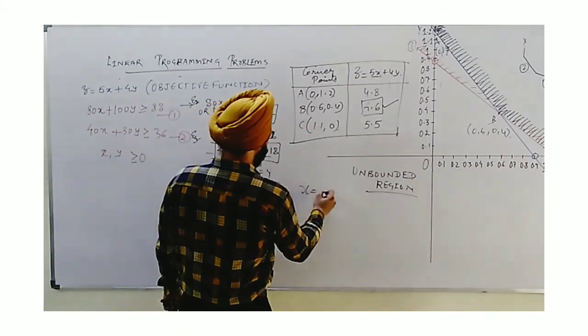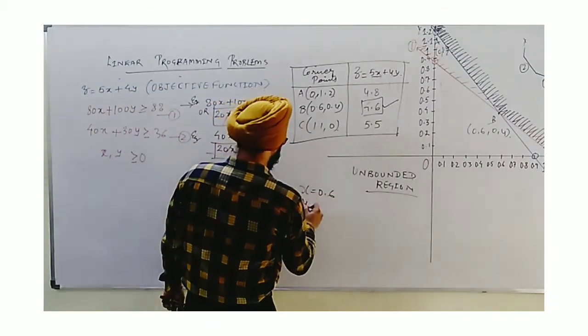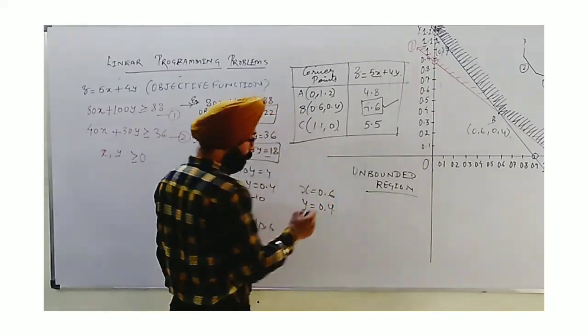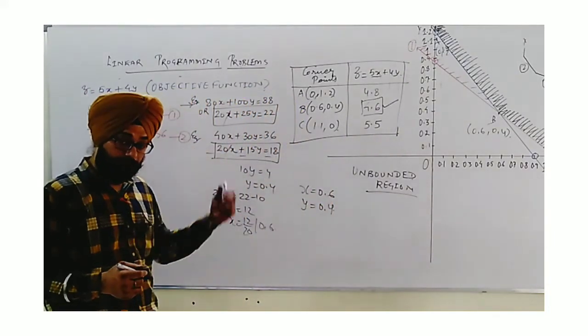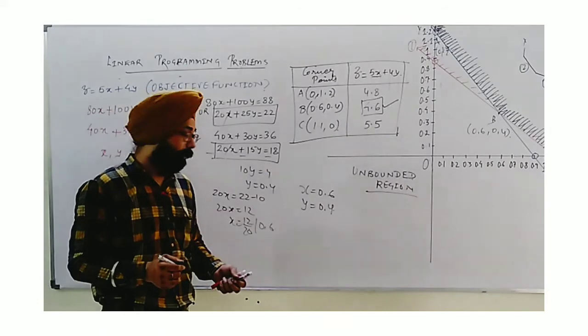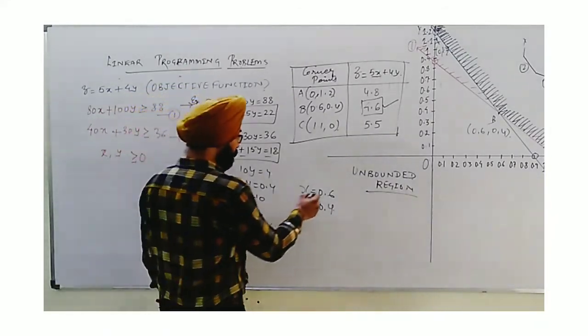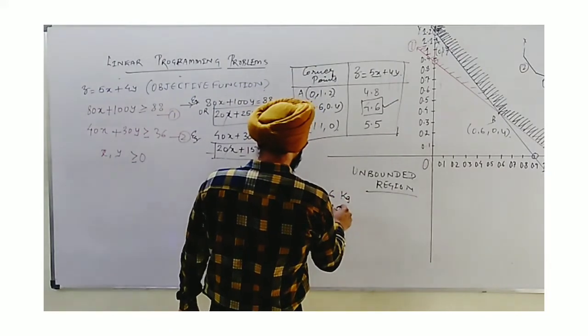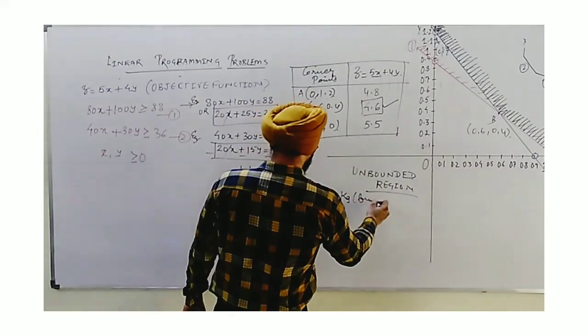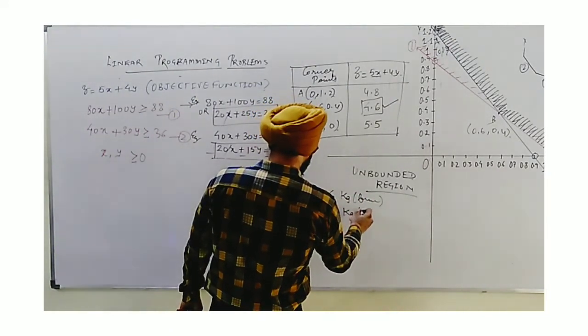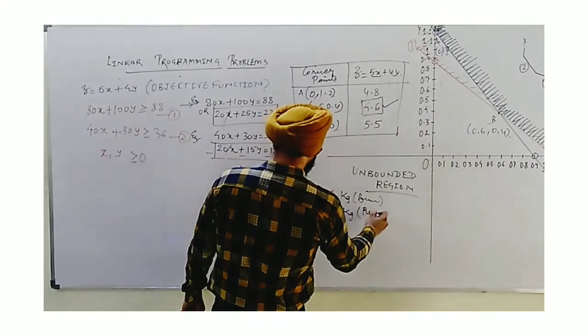So x equals 0.6, y equals 0.4. What are these actually? Don't forget, in the problem we considered x and y to be the quantity of bran and rice to be taken. So this is 0.6 kilogram of bran, and rice we will take 0.4 kilogram.